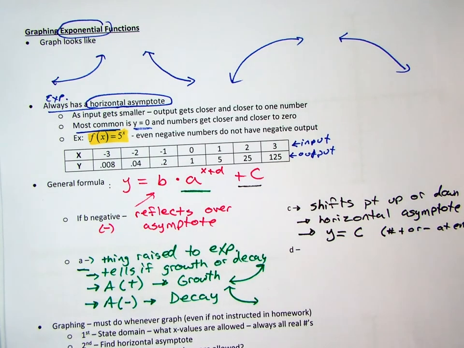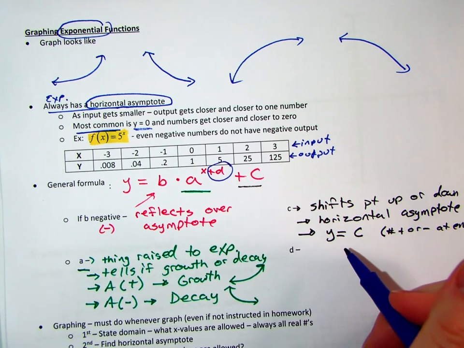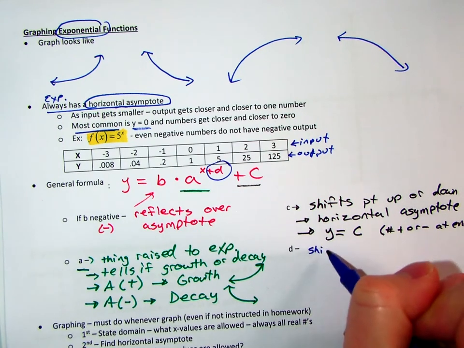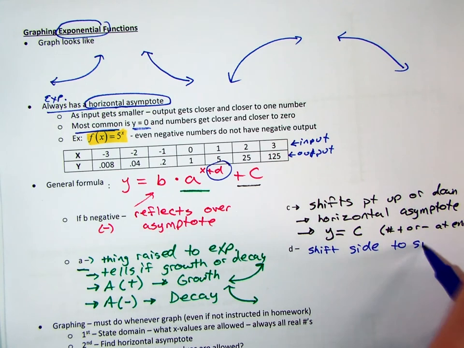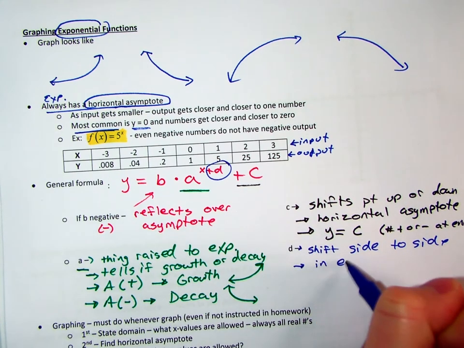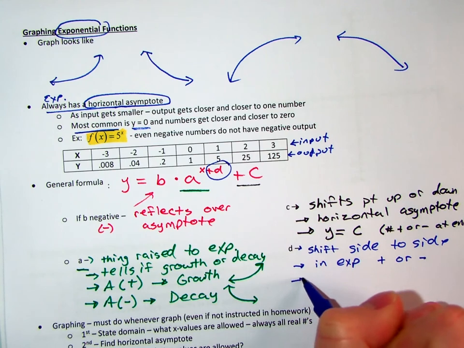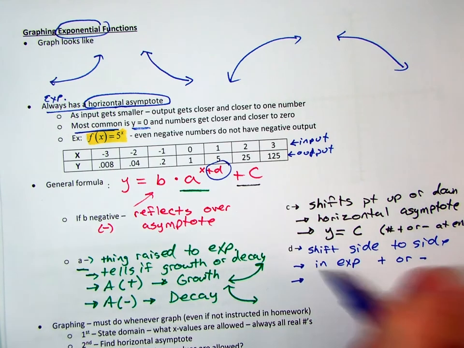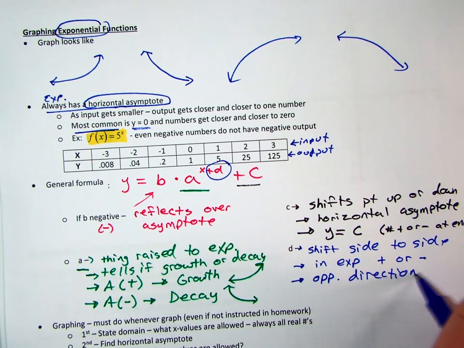And then d, the piece up here, shifts it side to side. So if we want to know which direction it shifts, we look at the exponent. It's the thing added or subtracted to the variable in the exponent. And it works in opposite directions.